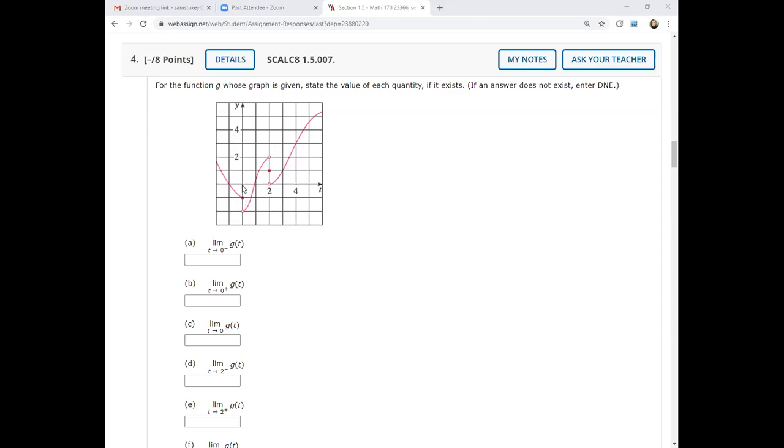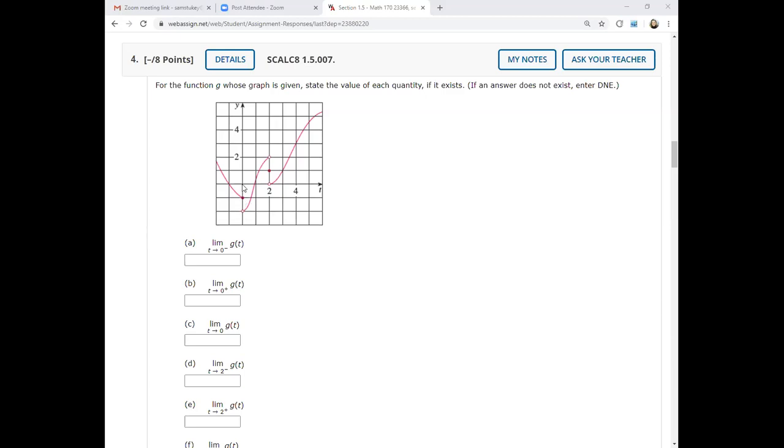I was looking at the other curve. So if you're approaching 0 from the left, it's going to be -1. But if you're approaching 0 from the right, then you're on this other piece of the curve where you have that hole at -2.